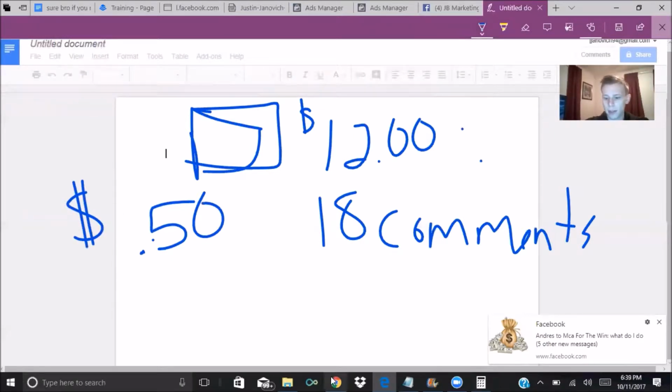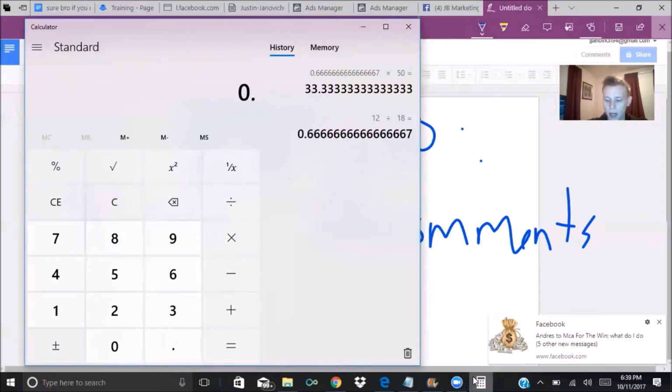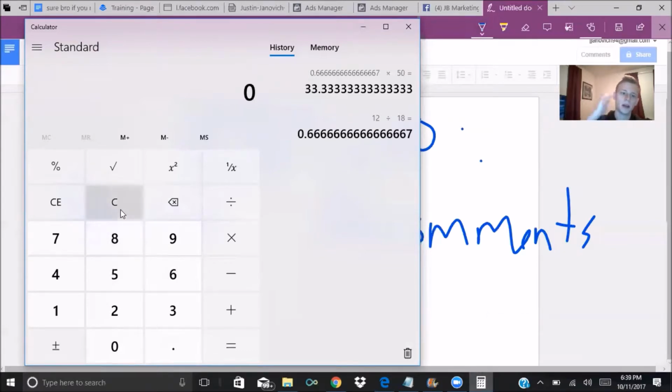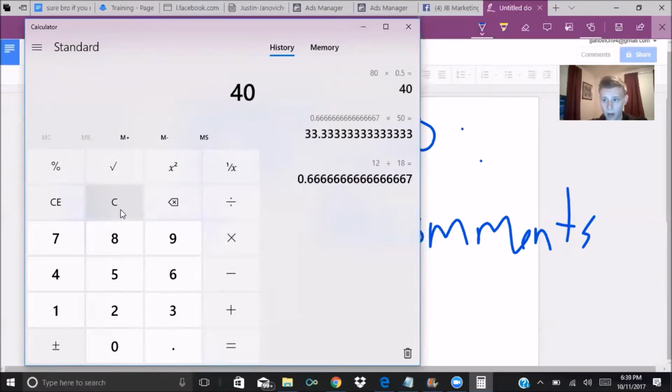Now, at 50 cents, let me show you how much room this leaves you guys. 50 cents cost per comment, all right? So let's say we spent $80, and we're going to multiply by 0.5 because we're getting 50 cents per comment. We spent $40, okay?